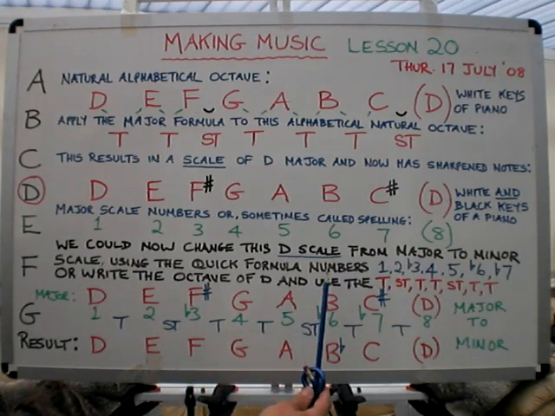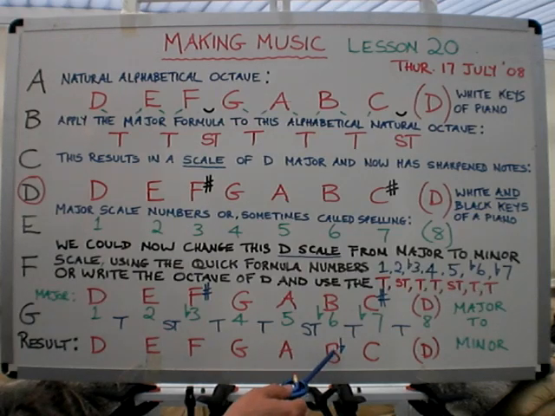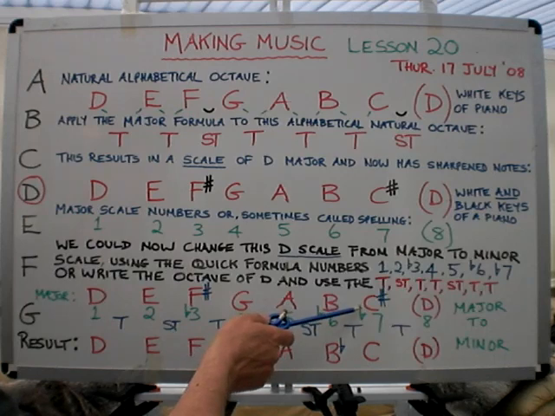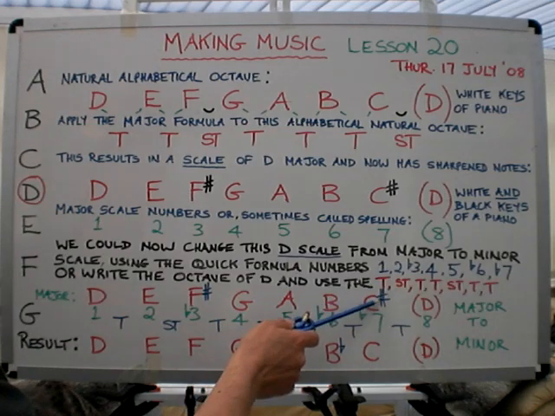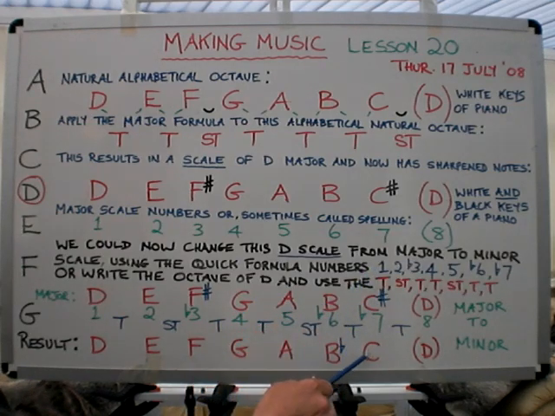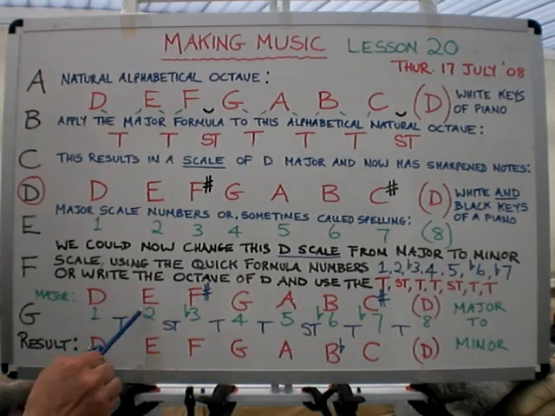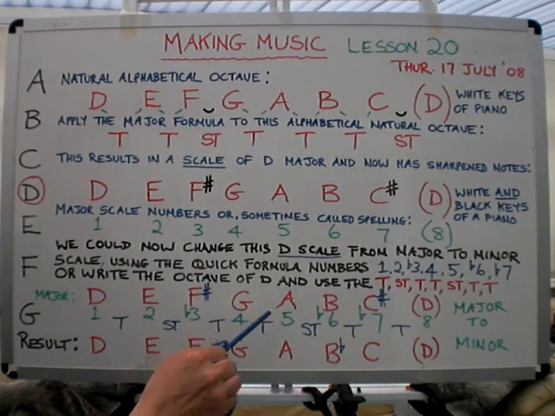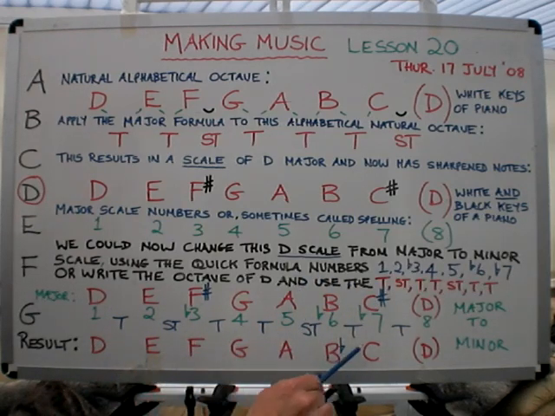So to flatten it, you go down onto the enharmonic black key of a piano, and it becomes a B flat. And now we flatten the seventh, and it begins with a C sharp. If we flatten it, we bring it down to a C. So that's a quick formula: 1, 2, flat 3, 4, 5, flatten 6, flatten 7, from major to minor.